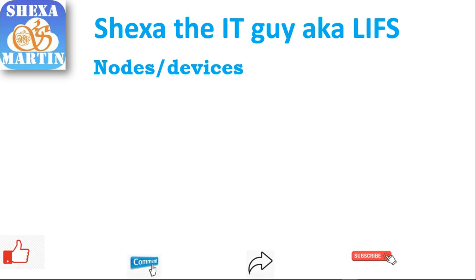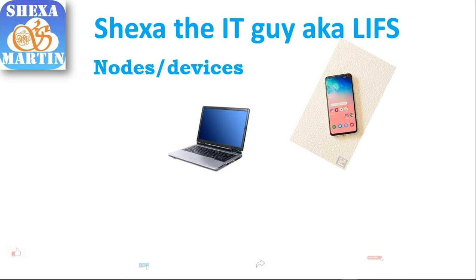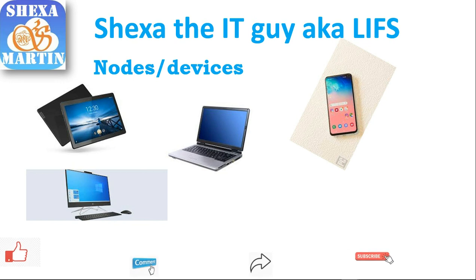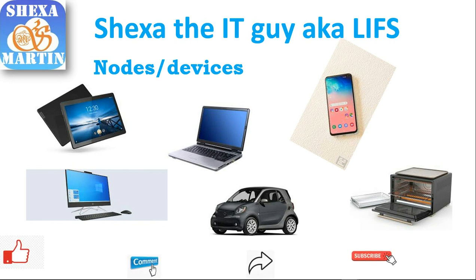But before we go there, these are the devices that we have: mobile phones, laptops, tablets, desktop computers, a smart oven, smart vehicles. This is just a list of a few nodes.